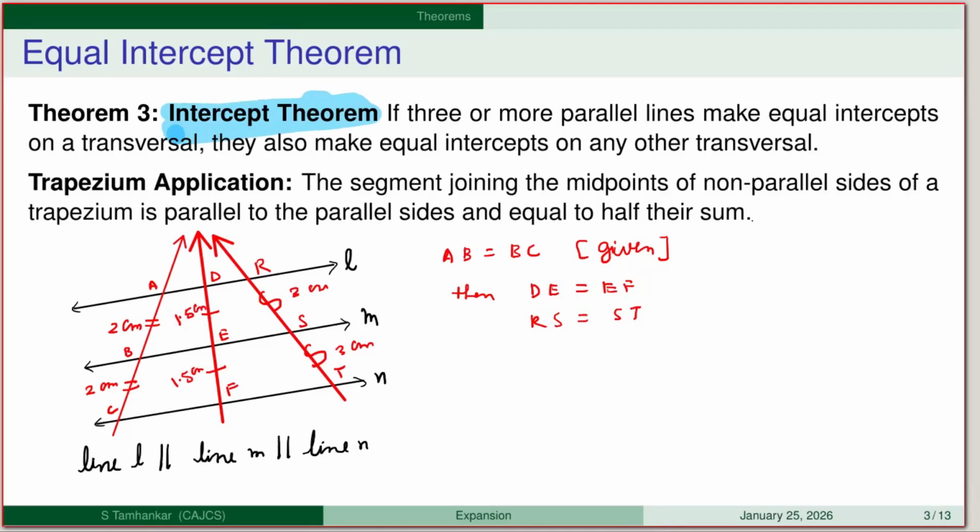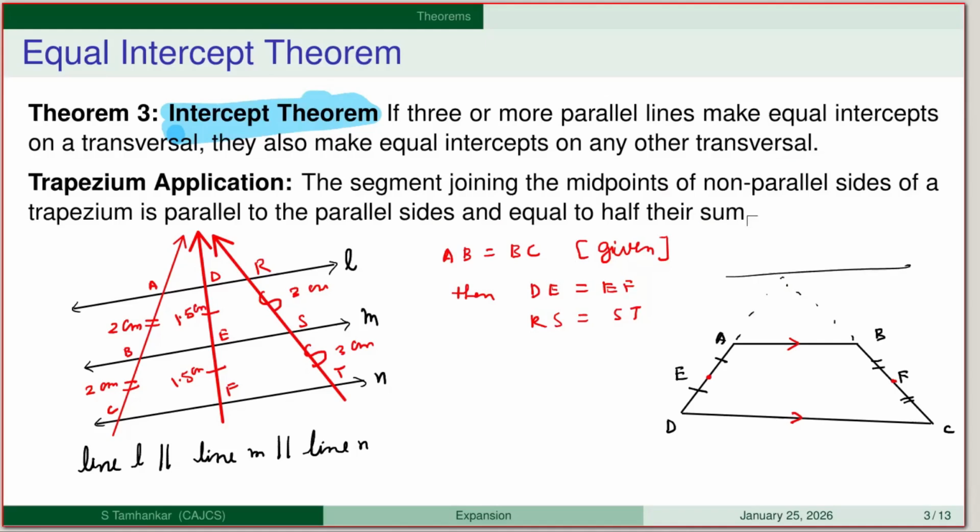Now the same can be extended to a trapezium. Let me draw a trapezium here. For a trapezium, you know that one pair of opposite sides are parallel to each other. Let us label this trapezium A, B, C, and D, and the midpoints E and F. You can extend this and apply the midpoint theorem or the equal intercept theorem.